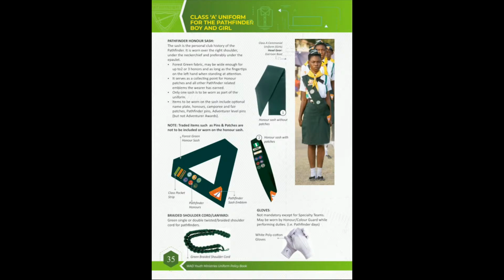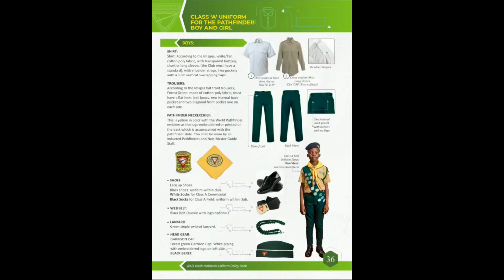And their shoes should be black, and their belt should be black as well, and their cap should be green. But all of this should have the emblem of Pathfinder on it. So if you check this scarf, the scarf has the word emblem on it, and this is how it should be. So adventurer scarves or neckties should have this word emblem.